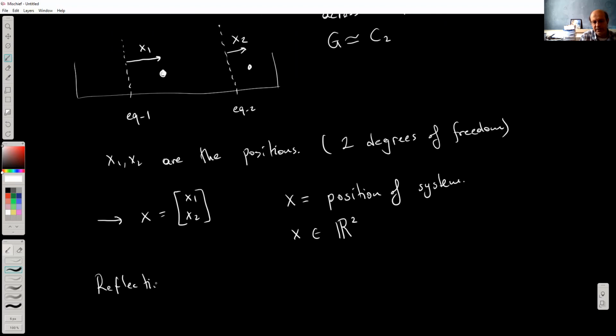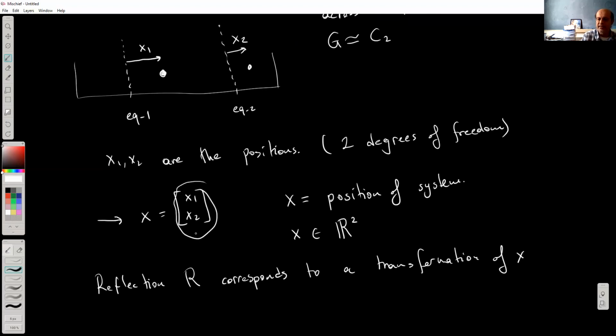Reflection R corresponds to a transformation of this vector in here, okay? So this vector then under reflection is going to change. How is it going to change? So I think I'm going to do it like this.